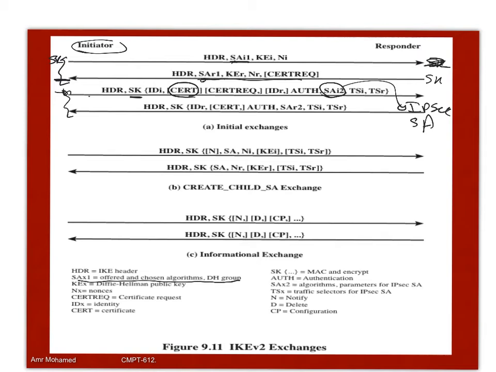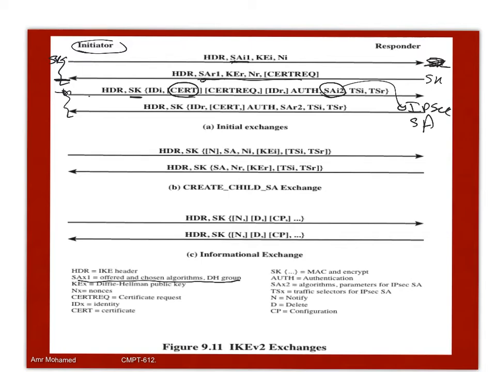The IPsec SA includes what type of encryption, what type of authentication, whether we're using ESP or AH, tunnel mode versus transport mode, whatever. And we perform authentication. So this is authentication as well as establishing the main IPsec security association for communication between the initiator and the responder. So those are the two main phases really, and using 4 messages only, we can do that.